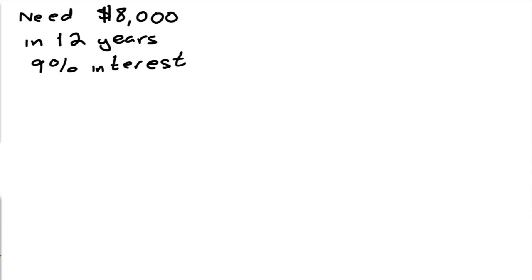And so let's write down the formula. P is equal to A times (1 plus R) raised to the minus N. Let's make sure we understand what the letters mean.